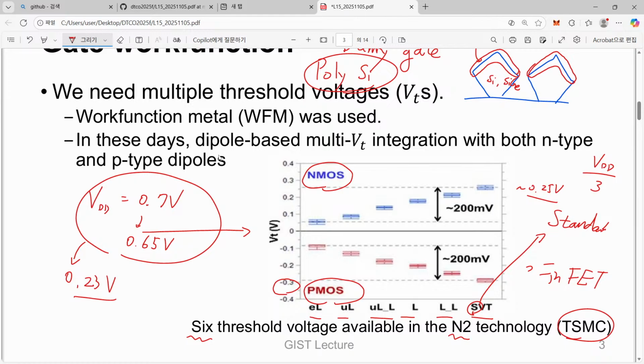So now think about this one. If we have a certain threshold voltage of about 0.23 volt, and if we have another device from the same technology, however, whose threshold voltage is lowered by, for example, 0.1 volt, then what will happen?